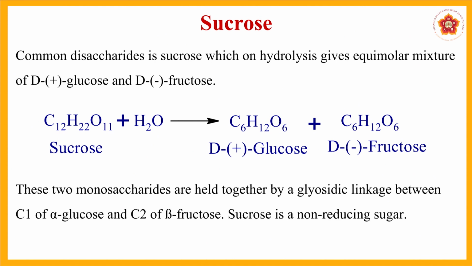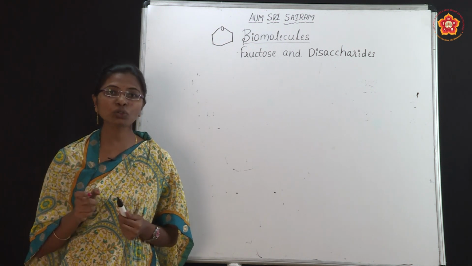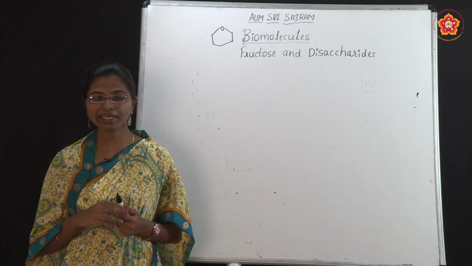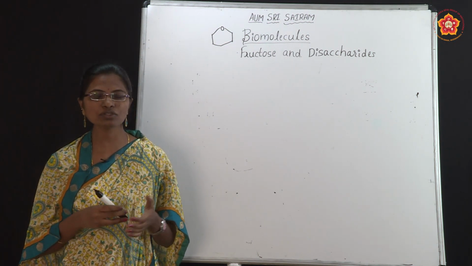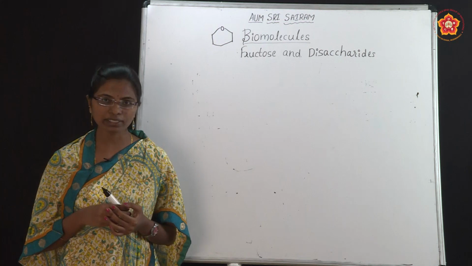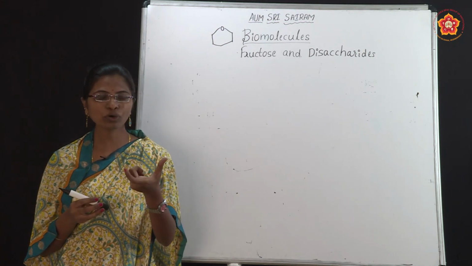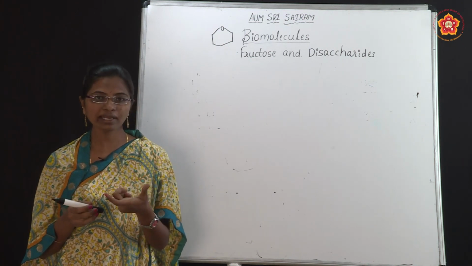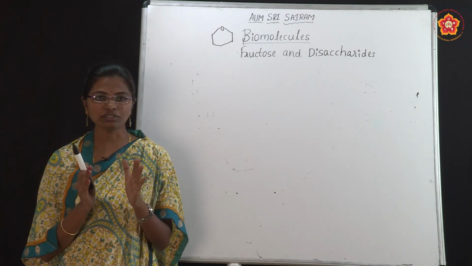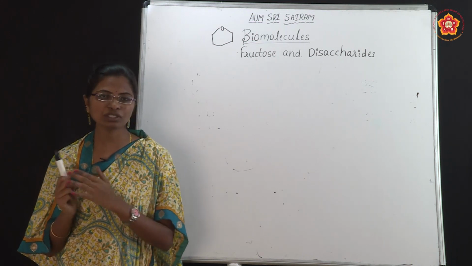So sucrose is a non-reducing sugar. I have discussed in the last class why sucrose is a non-reducing sugar. Because it will not reduce Fehling solution and Tollens reagent, because both are holding with each other. That's why it is a non-reducing sugar.